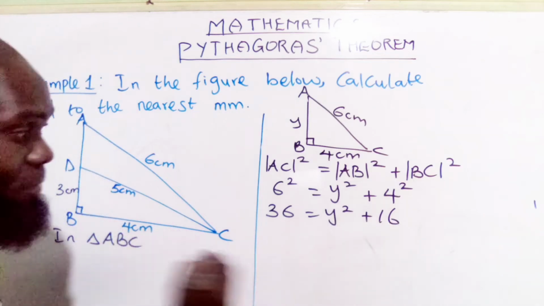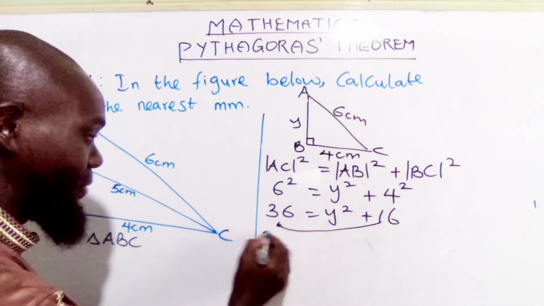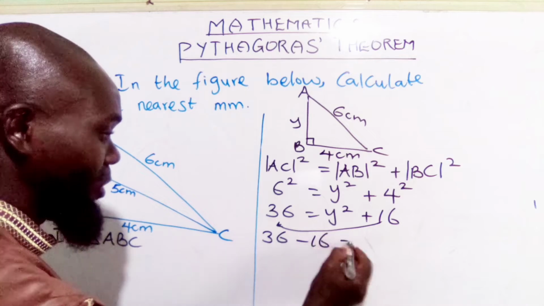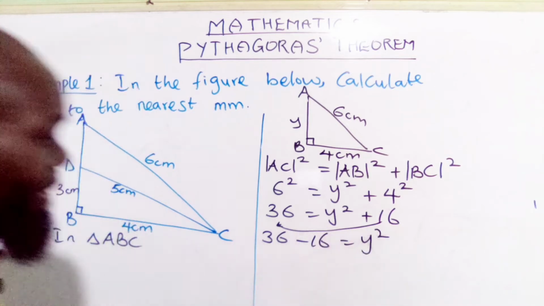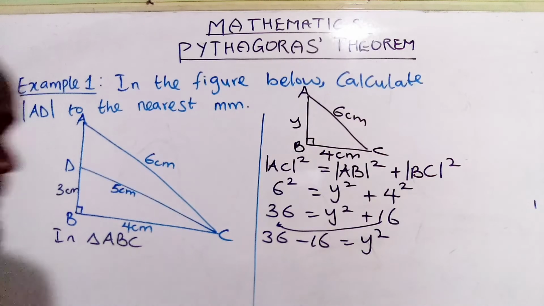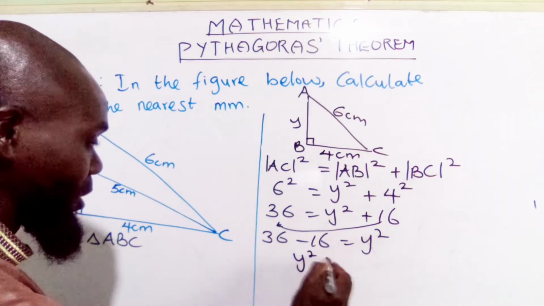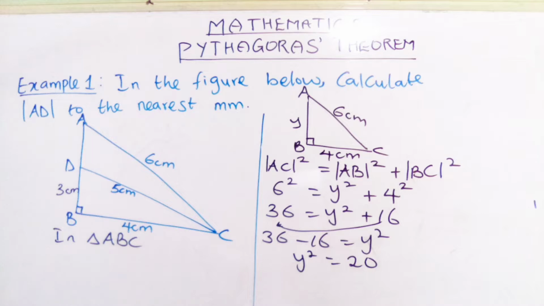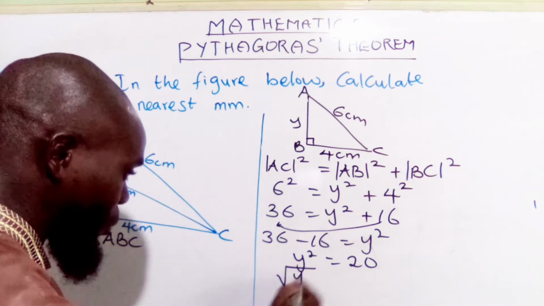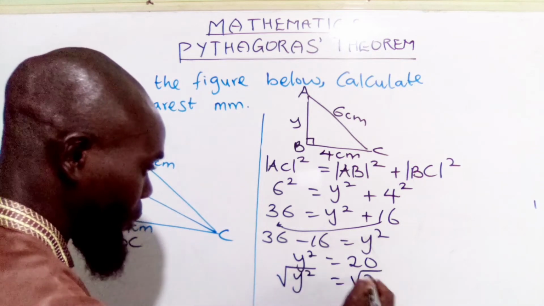So collect like terms. So this comes here. I have 36 minus 16 is equal to Y squared. When you take away 16 from 36, we are going to have 20. So our Y squared is equal to 20. The next step is to get the square root of both sides. So square root of Y squared is equal to square root of 20.